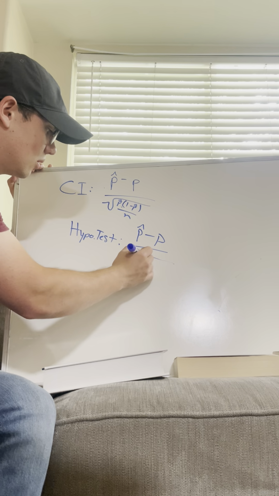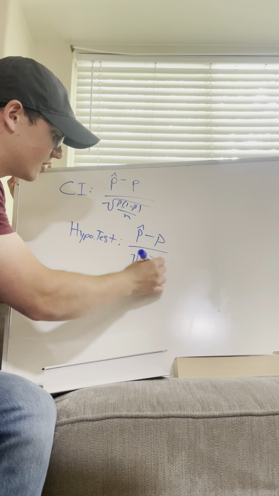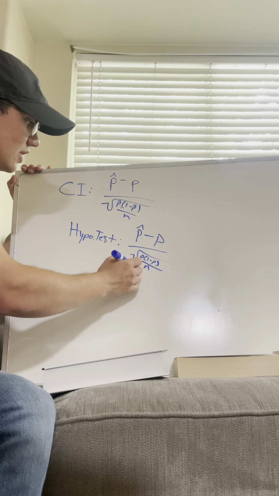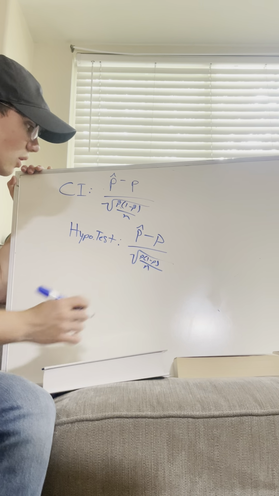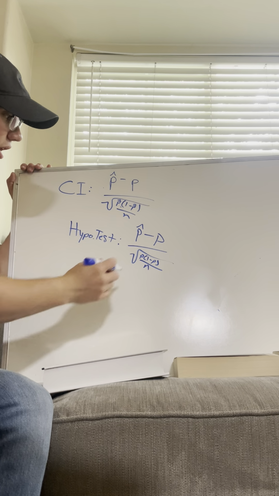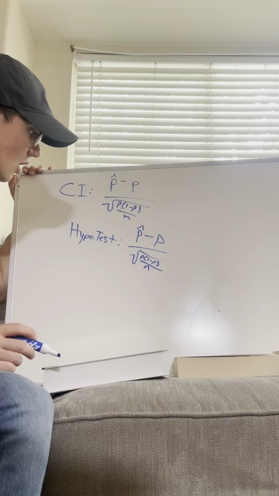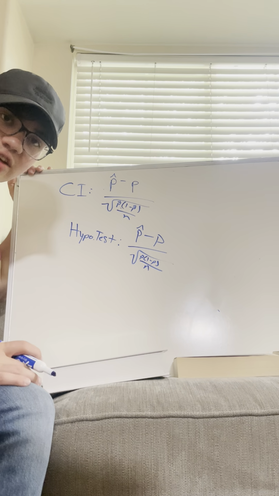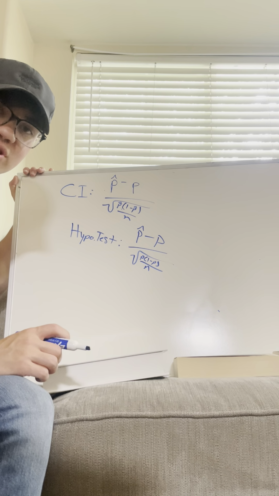Because of that, we're going to plug in what our assumption for the proportion is into these bottom parts into the denominator as well. So up here we have p hat, and p hat. Down here we have p, and p. So we don't use p hat in the denominator for a hypothesis test because we have an assumption about what the true population proportion is.